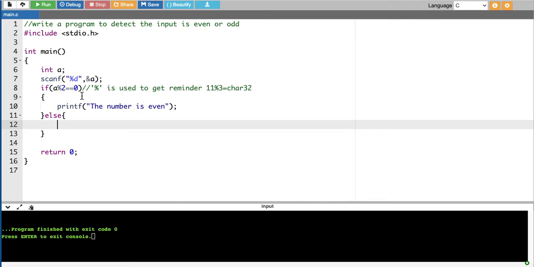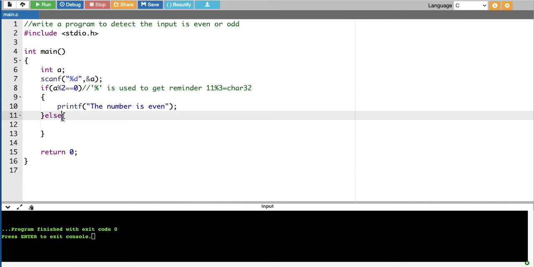So to get remainder 1, we need not write else if; or we can also write else if a percent 2 equal to 1.